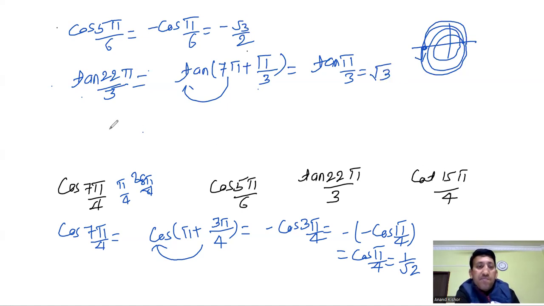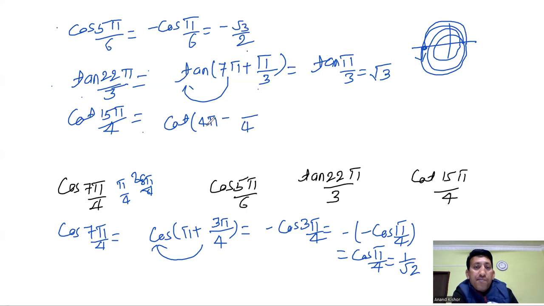Next, cot 15 pi by 4. This is also very moderate. Cot 15 pi by 4. If I divide by 4, 4 fours are 16. So we can go through 4 fours are 16. So cot 15 pi by 4: if I take 4 pi minus, 16 minus 1 is 15.